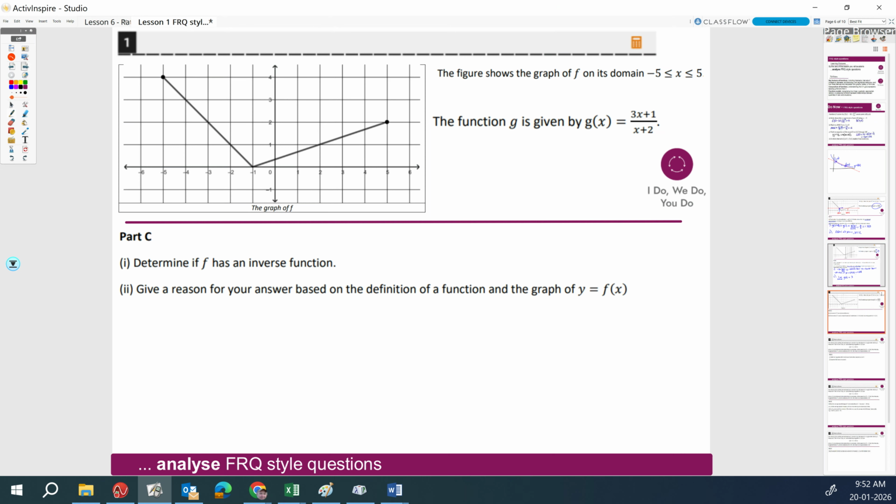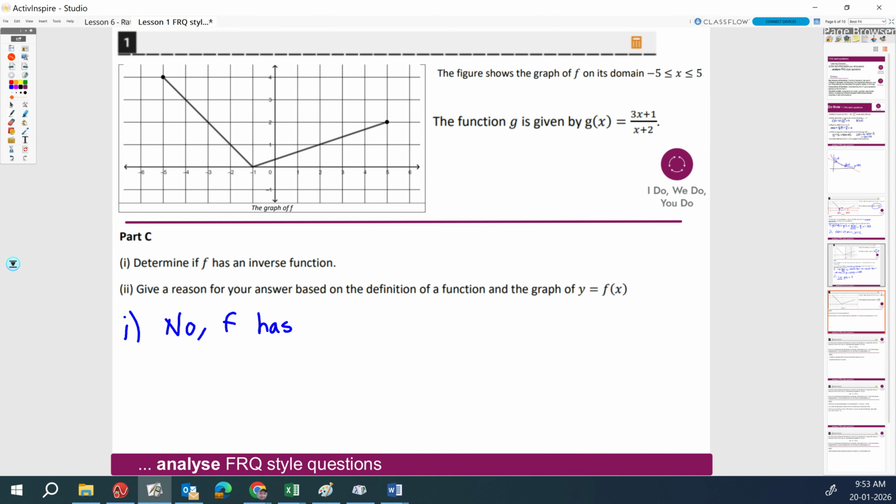Okay, determine if f has an inverse. Do we say yes or no? We say no. You cannot just say no. You must answer with a sentence to explain clearly what you're talking about. No, f of x doesn't have an inverse.